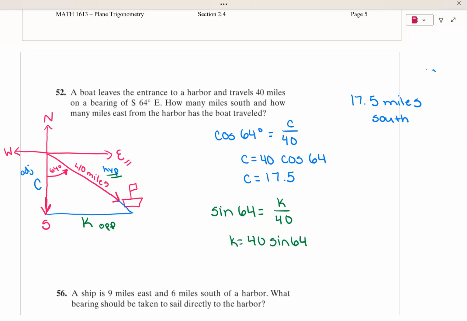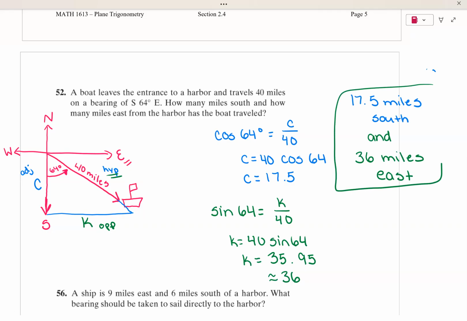It looks like it would be 35.95, so we're just going to call that one 36. So 36 miles east. And there's our answer. Okay.